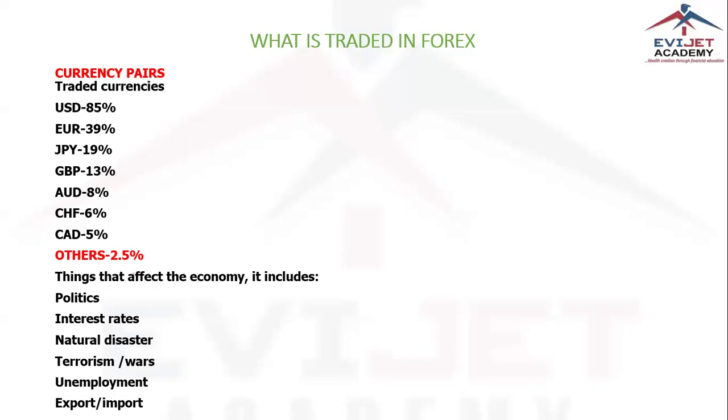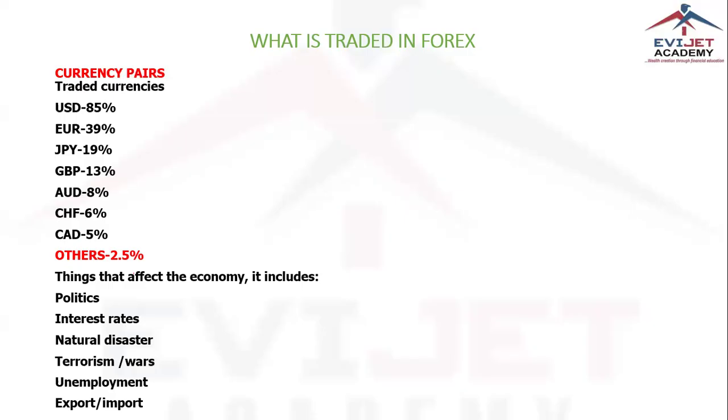So others is where the Nigerian naira falls. That's where the South African rand falls. That's where the Mexican peso falls. That's where every other currency you know that is outside this one falls, within 2.5% of the volume traded in the financial market. Okay, so now what's one thing you need to know?